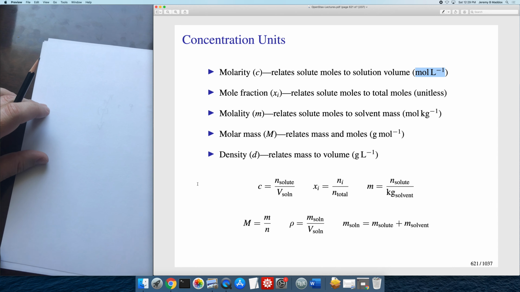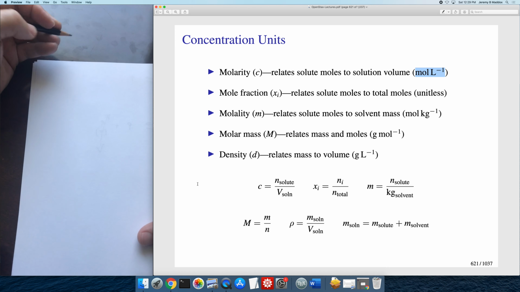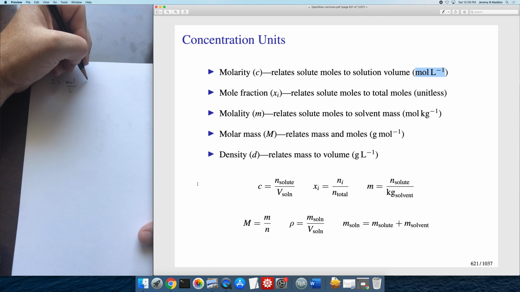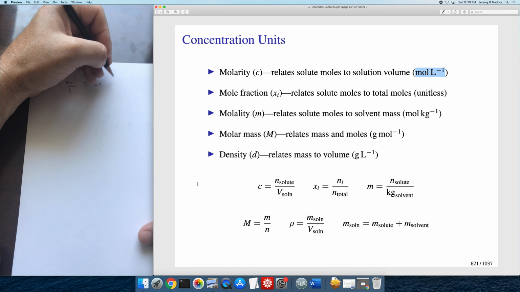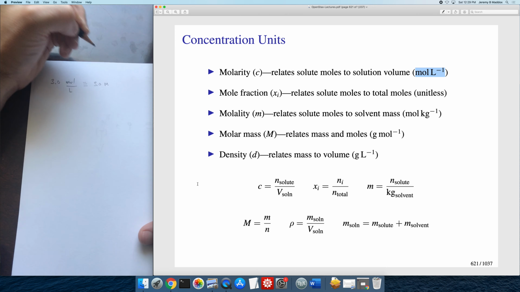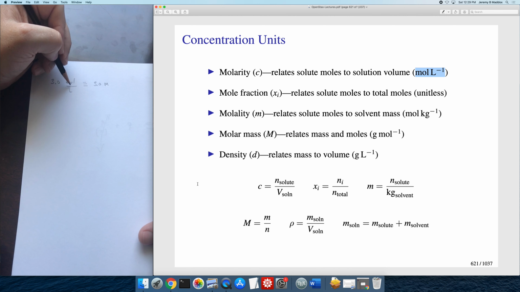I'll just point out one other feature about notation. Suppose that you had 3.0 moles of solute per liter of solution. You'll often see this written as 3.0 with a small upright m, which is abbreviated molar, and it means the same thing, moles per liter.